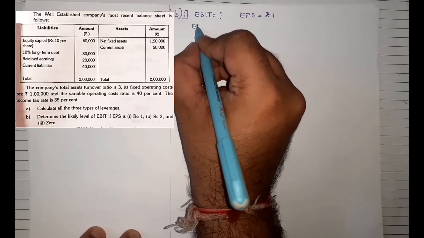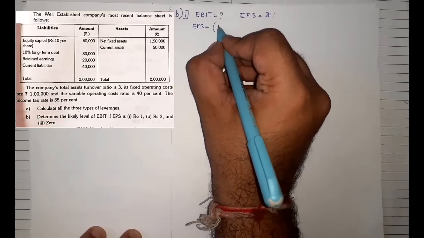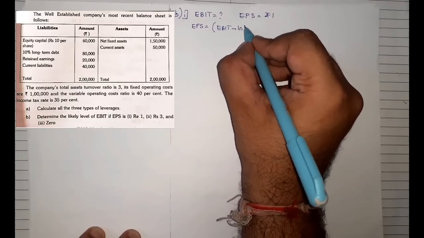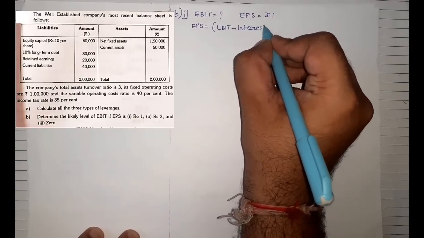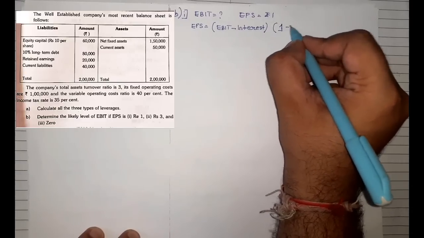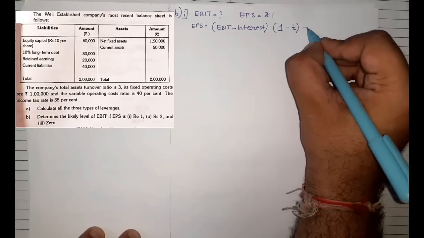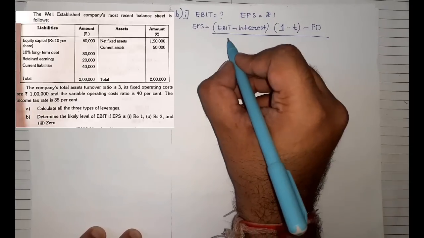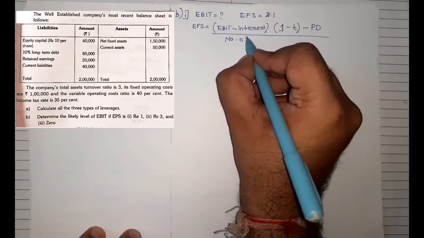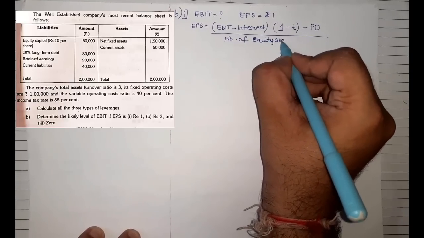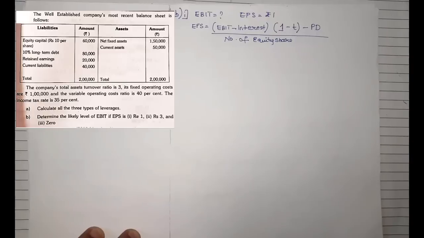So we'll note down EPS is equal to, in bracket, EBIT minus interest into 1 minus the tax rate minus preference dividend, the whole thing upon number of equity shares.